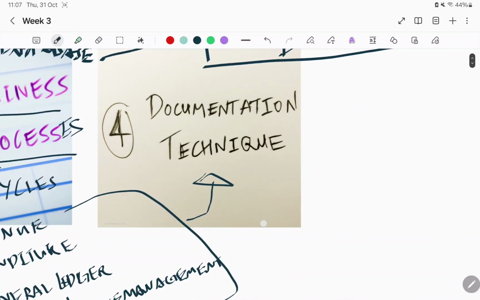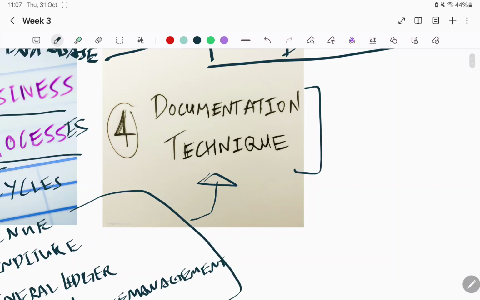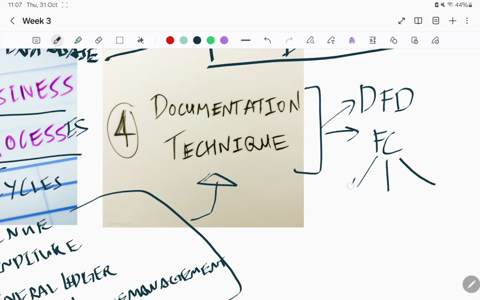Over here we have a lot of techniques. What I want to highlight is two: the data flow diagram and the flow charts. Flow charts have three, which I will discuss later on: the process flow chart, the document flow chart, and the system flow chart. And yeah, that's it about the recap.